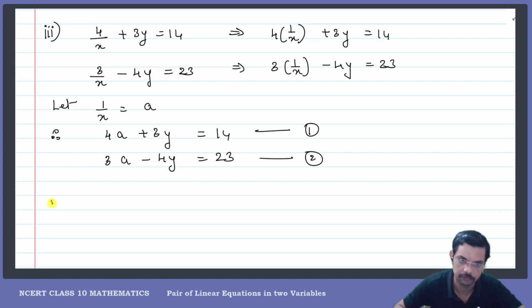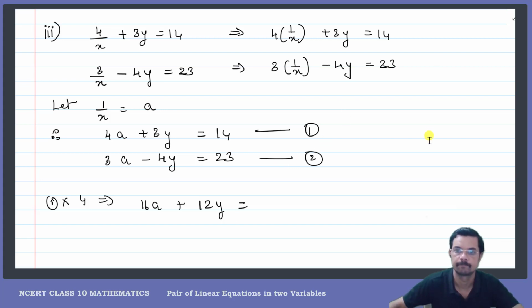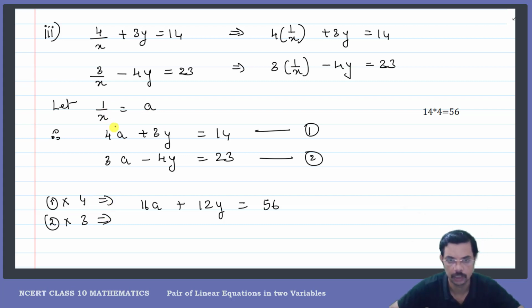I will multiply the first by 4, so 4 times a is 16a plus 4 threes are 12y equal to 14 into 4, which is 56. And the second equation will be multiplied by 3. Why am I multiplying by 4 and 3? I am trying to equate the coefficients of y.